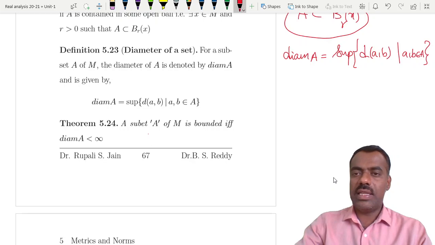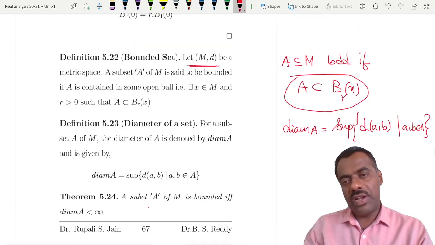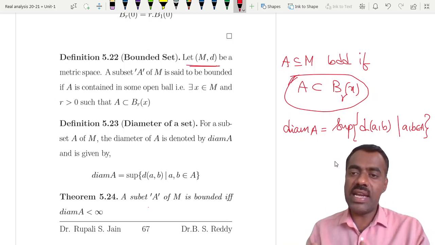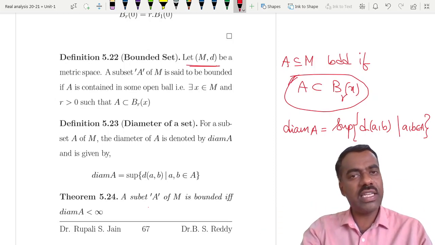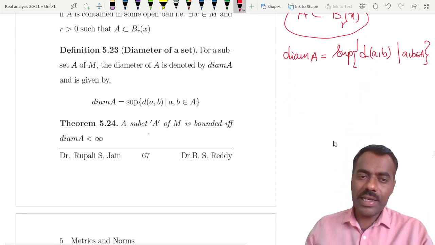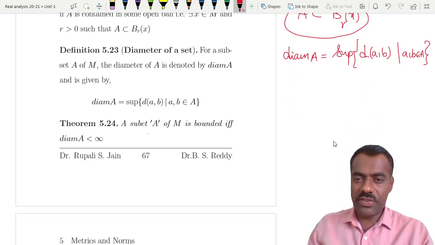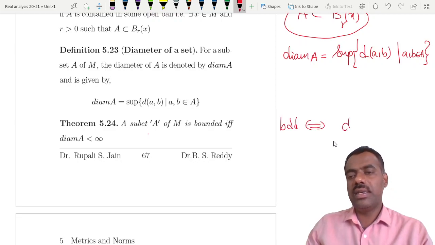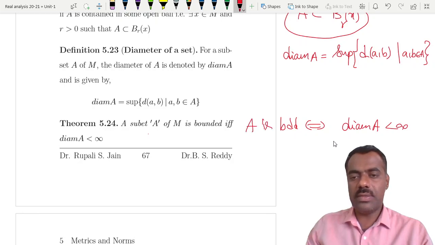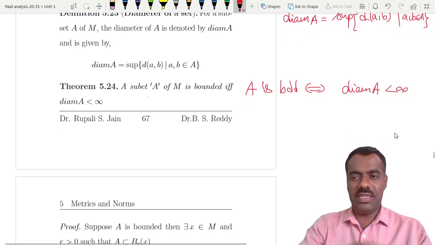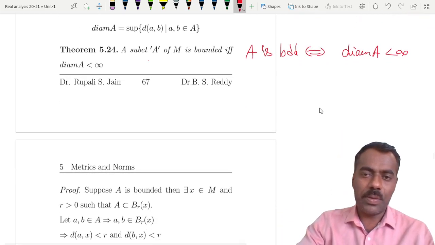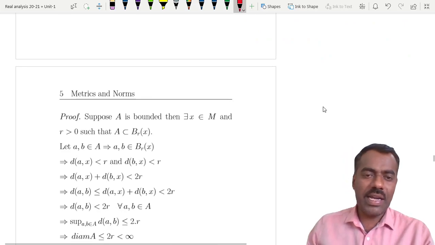So the actual definition of a bounded set is that if a set is contained in some open ball, then we say it is bounded. Equivalently, sometimes one can use this equivalent definition: A is bounded if and only if the diameter of A is finite. And the proof, again, is very basic. Assume that A is bounded, then it will be contained in a ball.